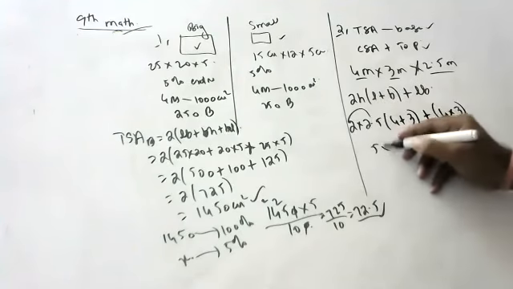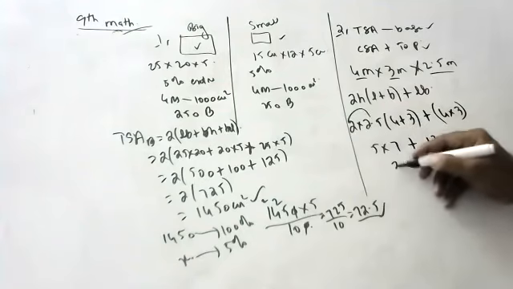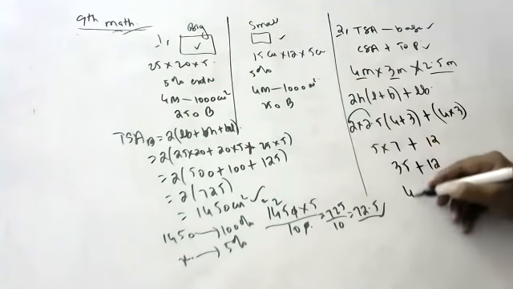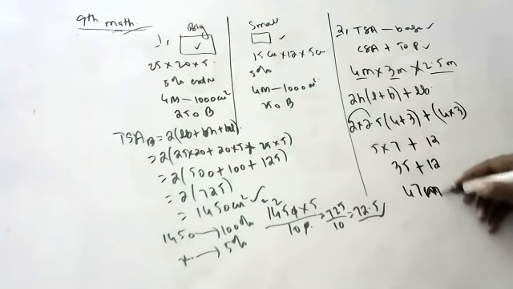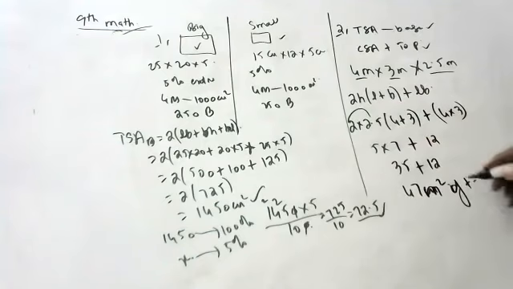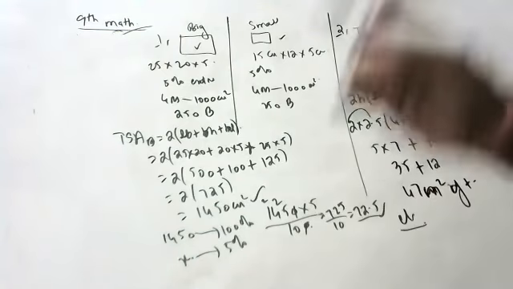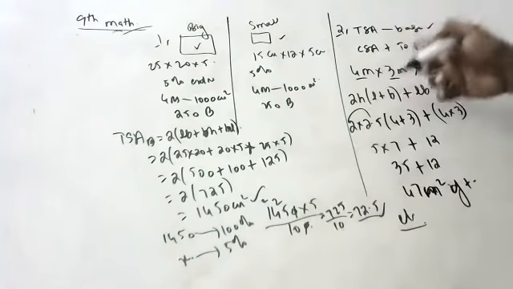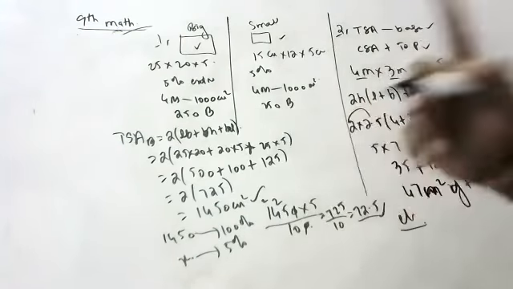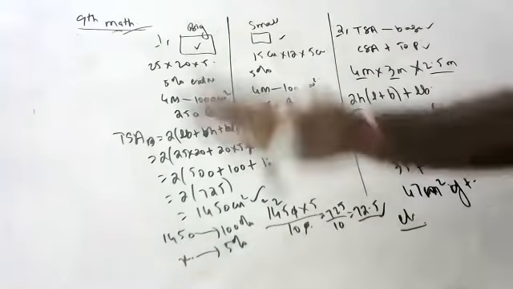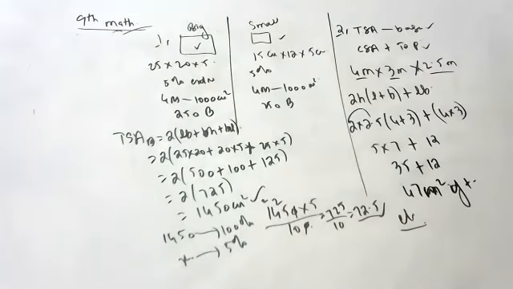This is 5 into 7 plus 12. 35 plus 12, 47 meters square of tarpaulin cloth is needed to cover her car. Whether you do CSA plus top, CSA meaning 4 walls plus top, or from all 6 faces remove the base, because the base won't be there for a car cover, no, children? Am I correct?